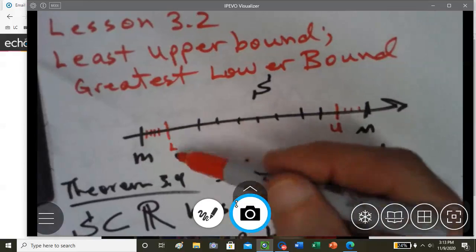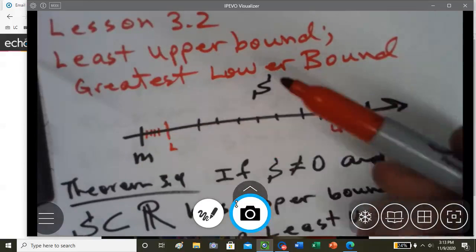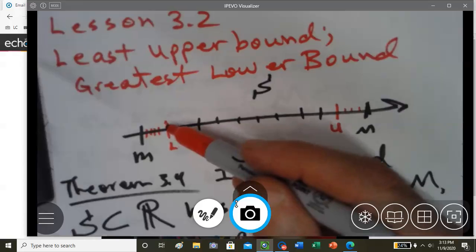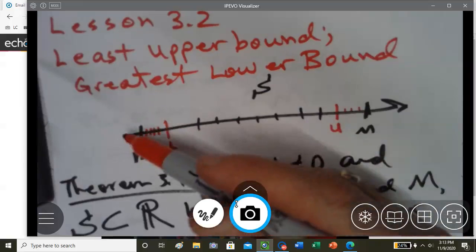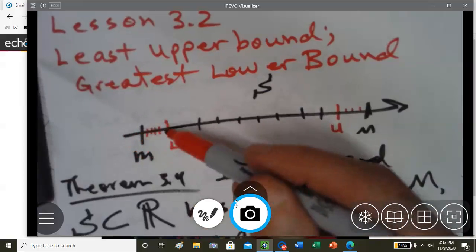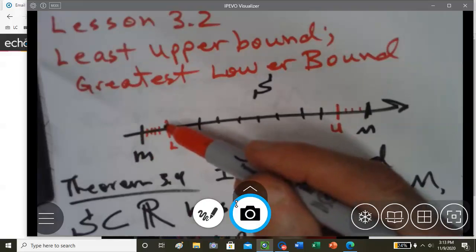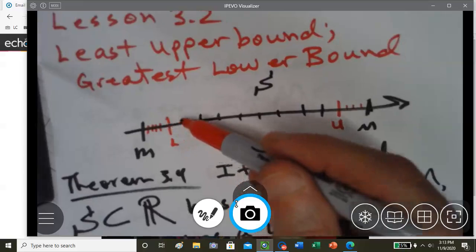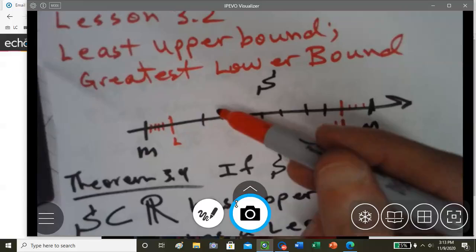So for the greatest lower bound, you could say, is an F. So the greatest lower bound would be 59.9. It's still an F, 59.9 is still an F, but anything above that, like a 60, now 60 would be a D, right?